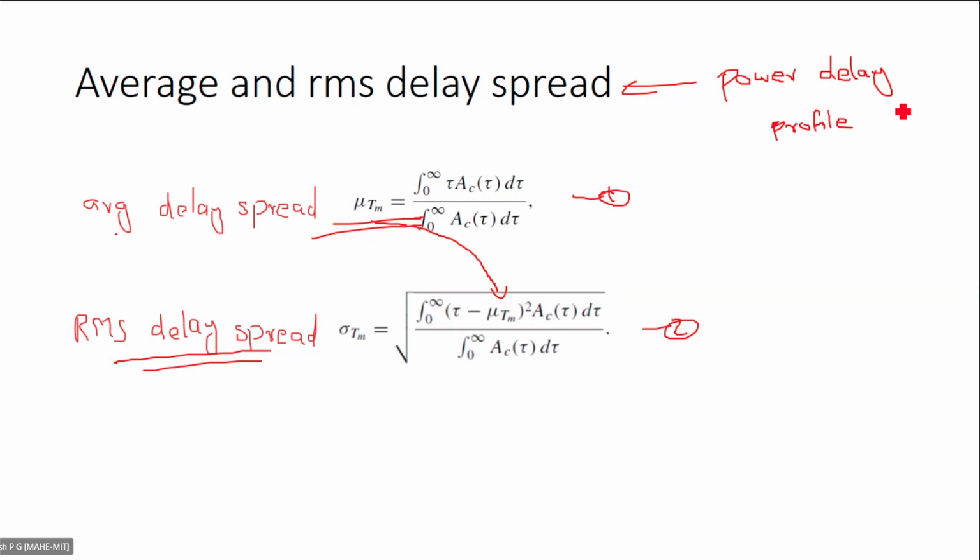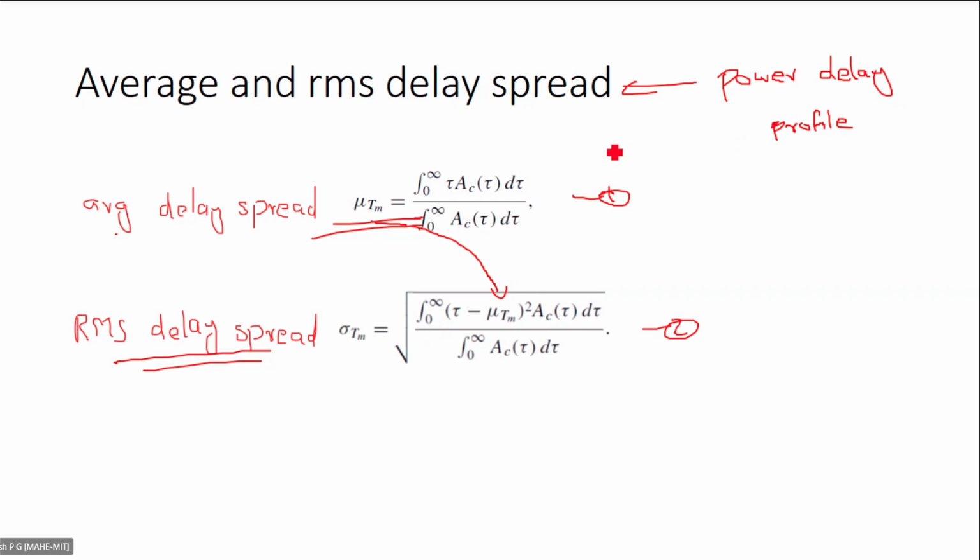So what are these values actually? Which parameter are you trying to analyze by using average and RMS delay spread? Is it Doppler or is it multipath?